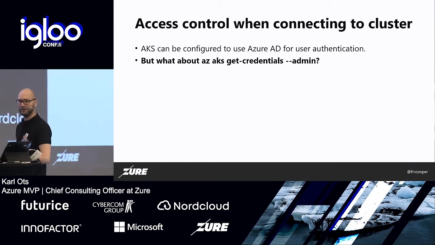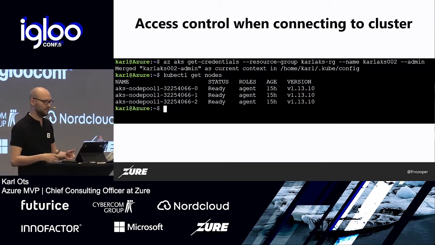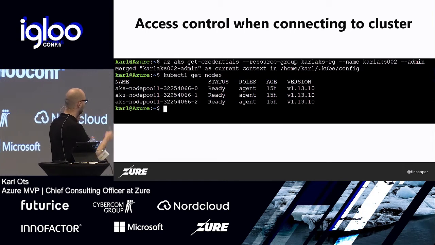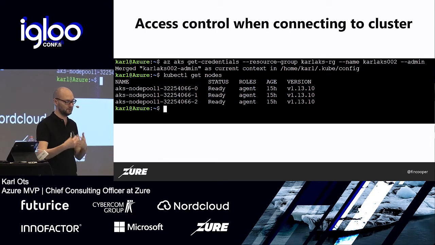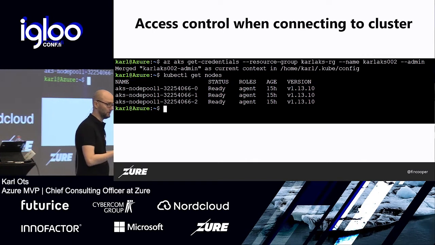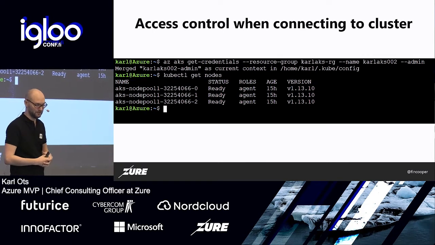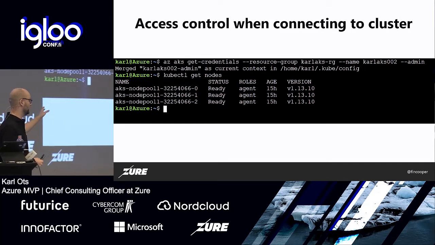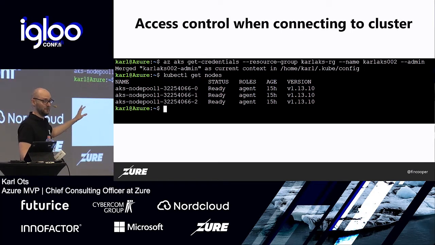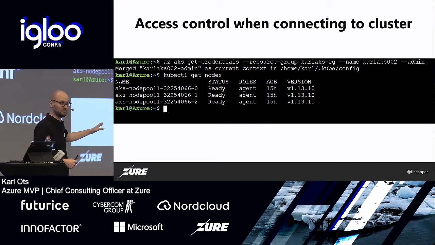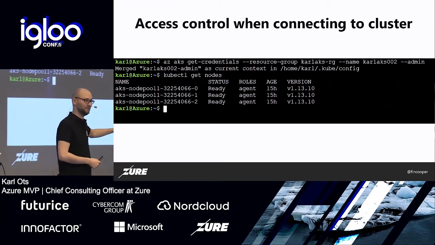And quite unfortunately, if I run this with the admin flag again, I again get those credentials or those connection strings. And when I run the kubectl get nodes, you'll see that I'm not getting prompted to any Azure AD login. Within the same cluster, I'm skipping all of that.